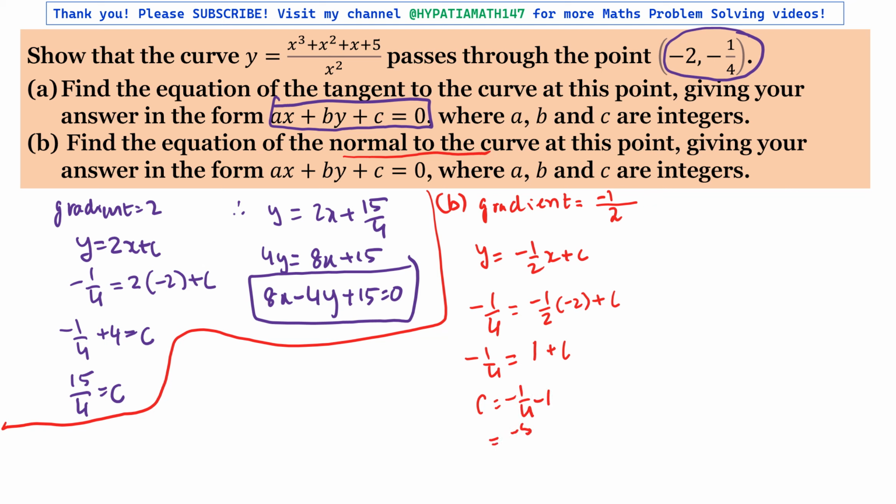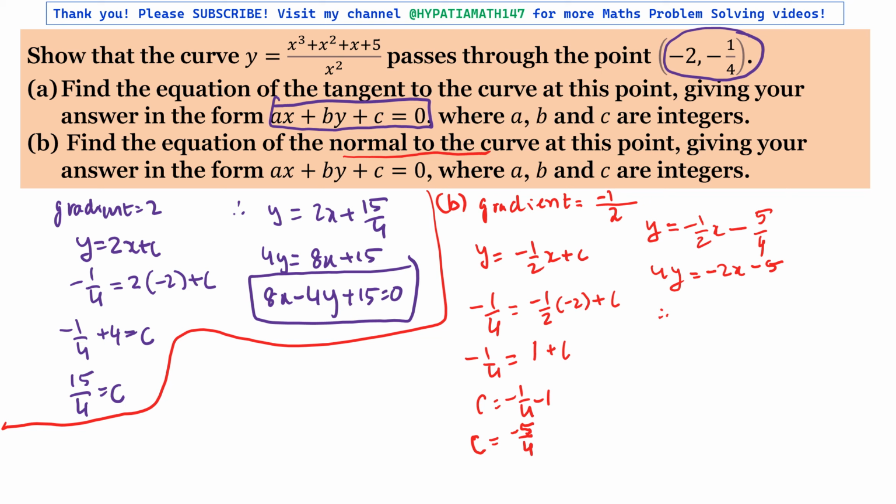Right? I hope I got it right. Yeah. Therefore y is equal to minus half x minus 5/4. If I multiply throughout by 4, I get 4y equals minus 2x minus 5.